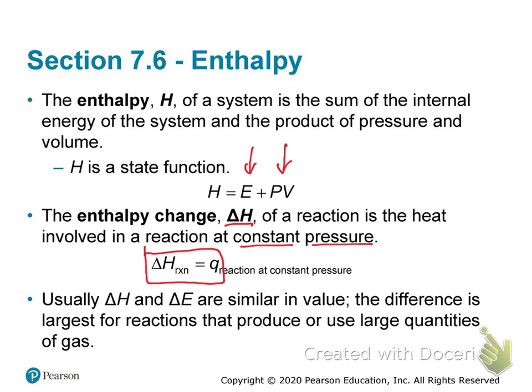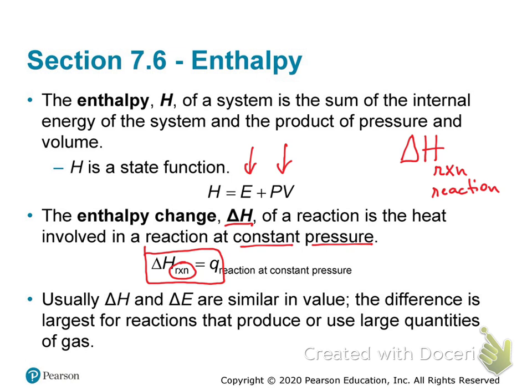You're probably noticing a subscript here on the bottom of enthalpy. So this is read delta H Rxn, delta H of the reaction. So Rxn is an abbreviation for reaction. Any textbook in chemistry uses this.